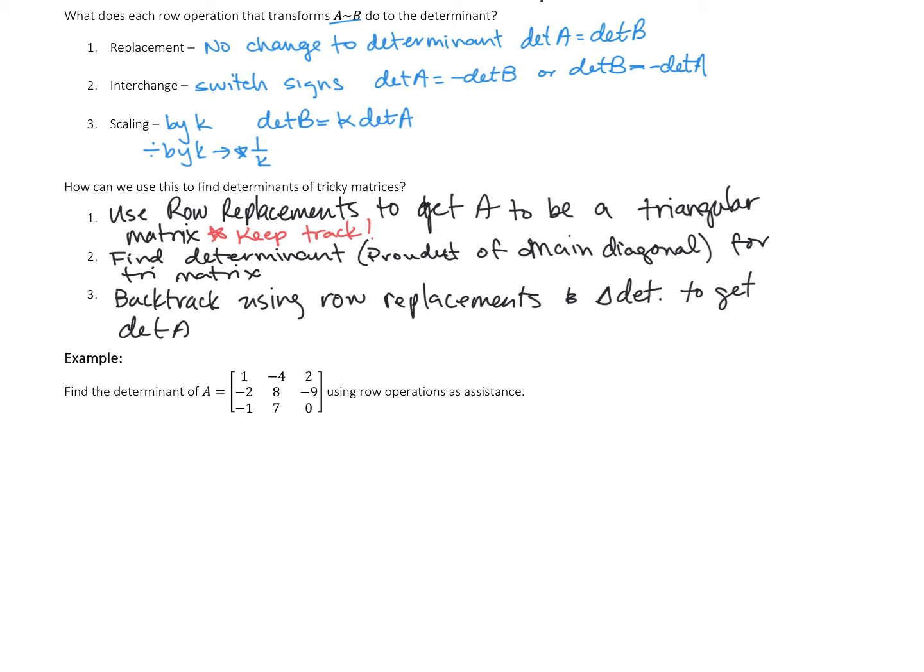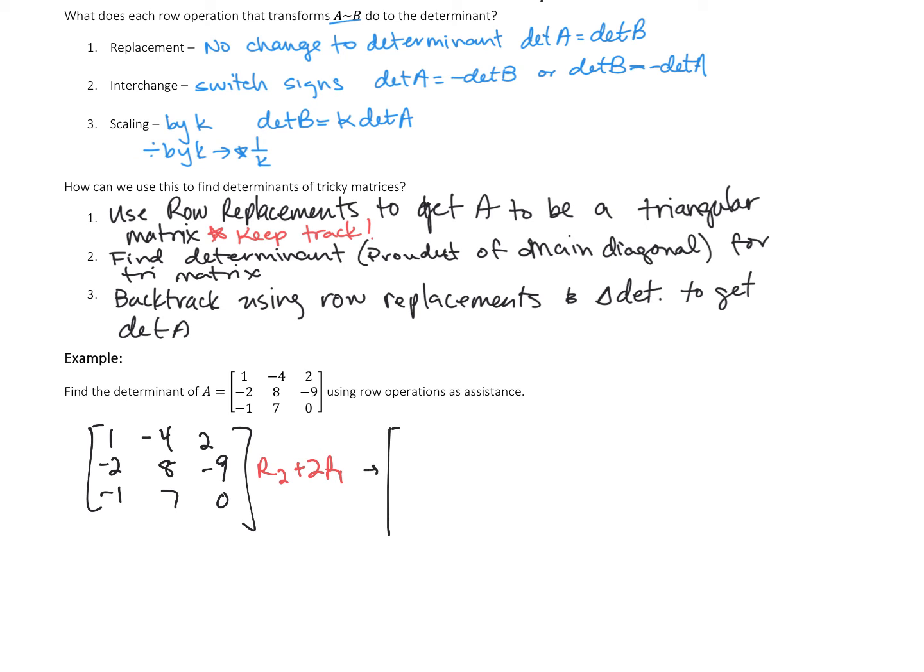So first thing I'm going to do is replace, all right, I need to see it, to write it, to feel it, to be a part of it. At some point it matters. So I'm going to take row 2 and add it to row 1.